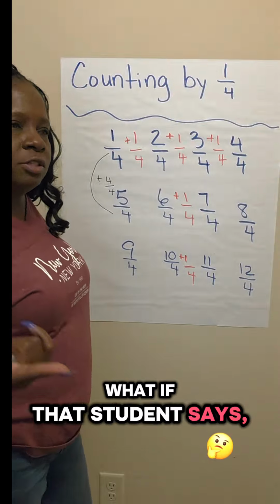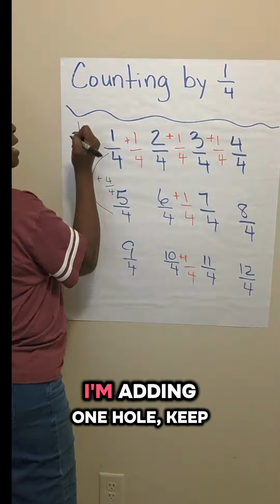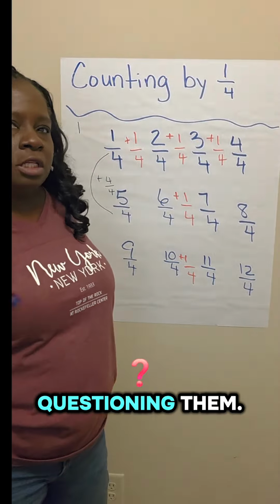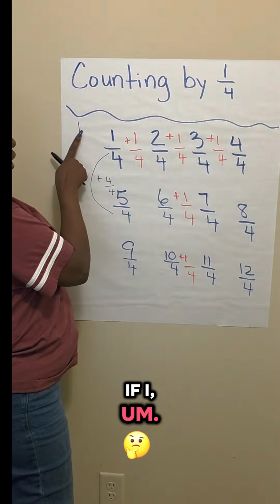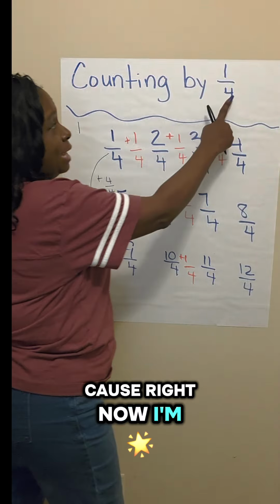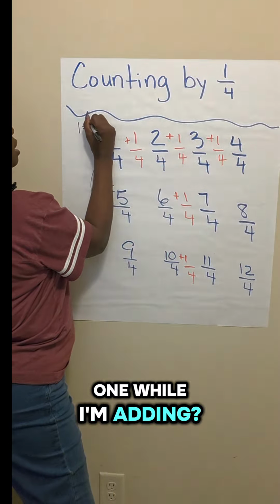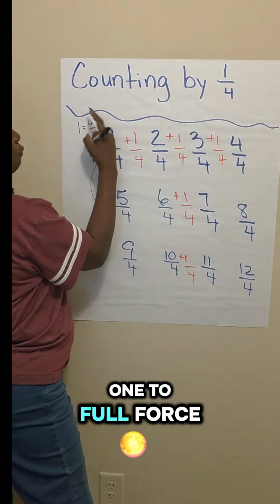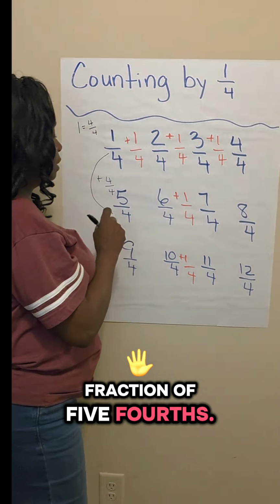What if that student says, well, I'm adding 1 whole? If they say, yeah, I'm adding 1 whole, keep questioning them. Okay, well, can I rename this? Because right now I'm counting in fractional units. Can I rename that 1? Well, I'm going to rename that 1 to 4/4 to get to this fraction of 5/4.